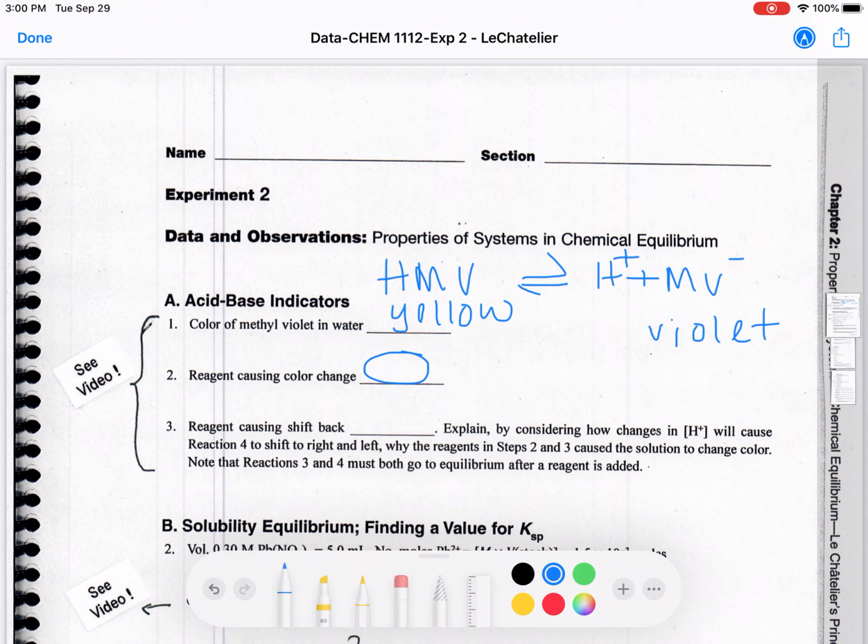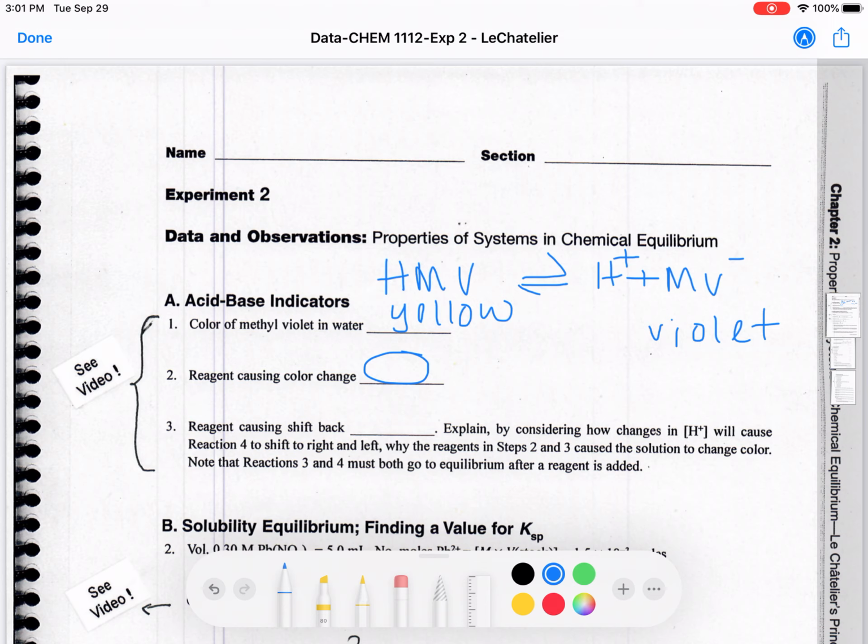Explain by considering how changes in H plus will cause reaction 4 to shift to right and left, and why the reagents in step 2 and 3 cause a solution to change color. Note that reactions 3 and 4 must both go to equilibrium after a reagent is added.